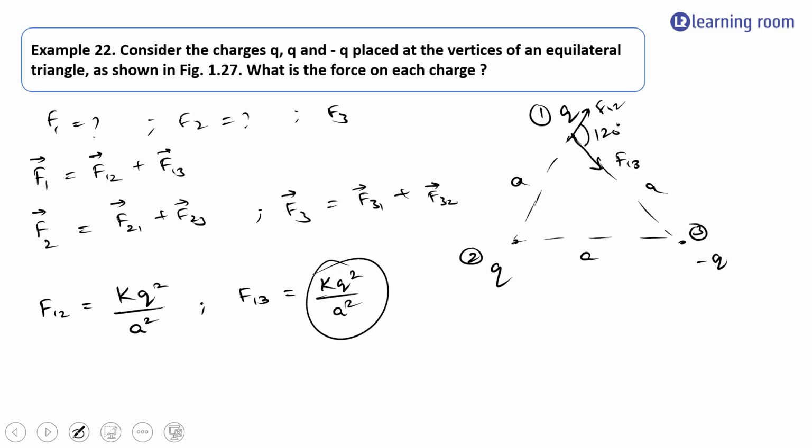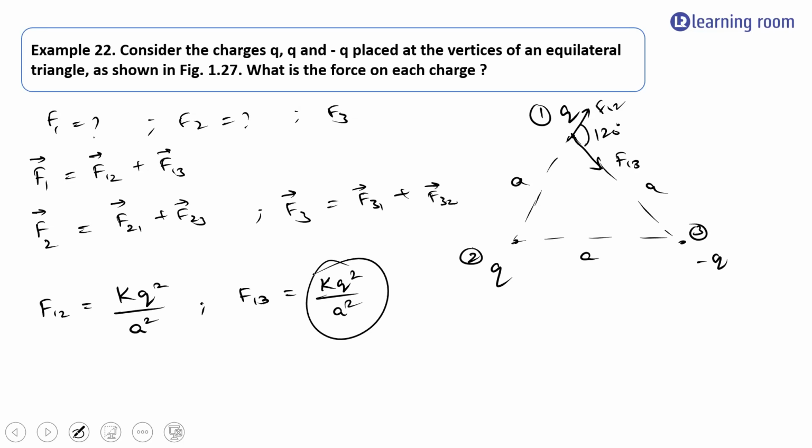According to your logic, it should have been minus KQ square by A square. So in normal scalar form, we won't consider the sign of the charge. Sir, you're actually telling the reverse. In the vector form, it will take the sign automatically.